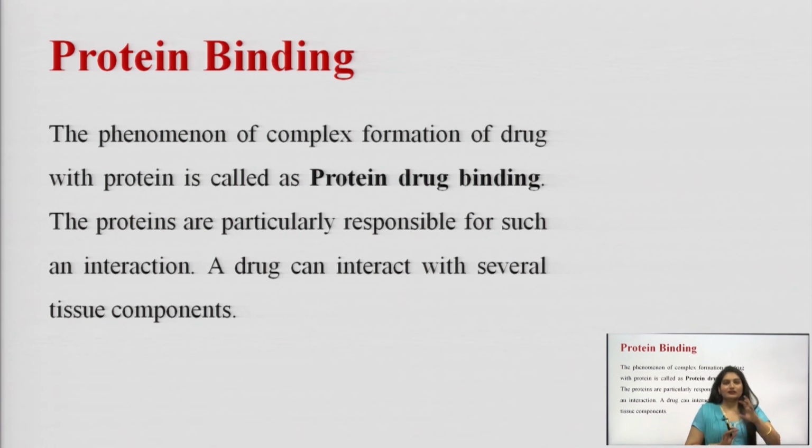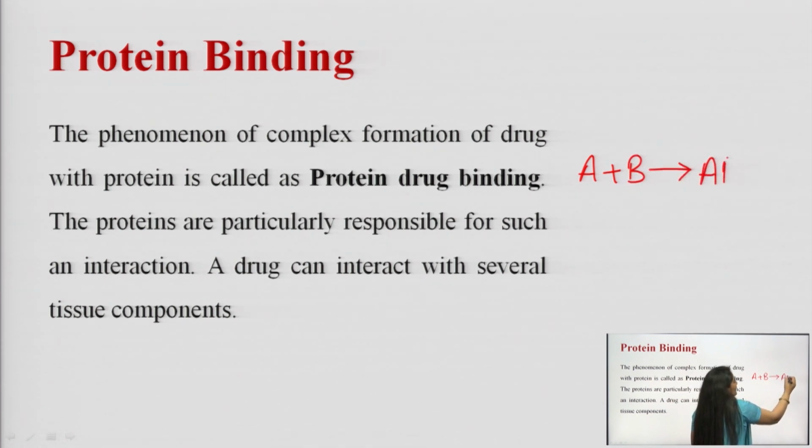These complex compounds possess different properties from the properties of the components. For example, we have two components A plus B, and these will make a compound AB. The properties of this AB compound will be different from the properties of these components.